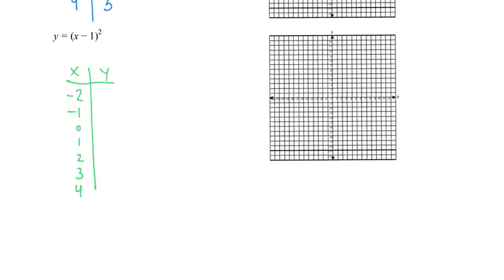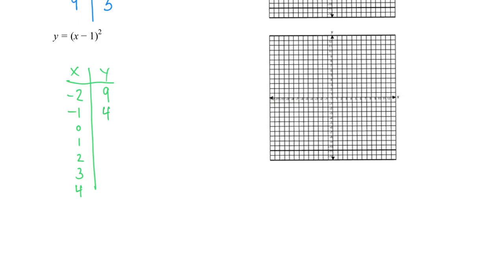And now you can put each of these in the calculator if you have to, or you can just kind of reason it out. -2 in for x, -2 minus 1 is -3, -3 squared is 9. Okay? -1. -1 minus 1 is -2. -2 squared is 4.